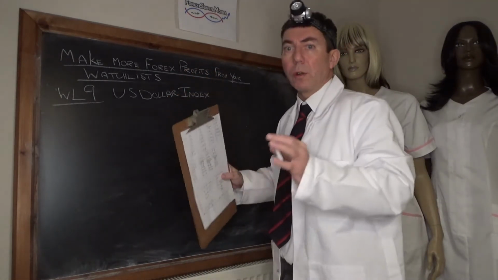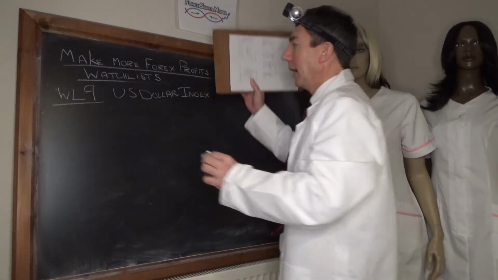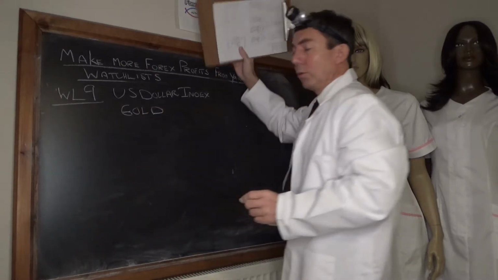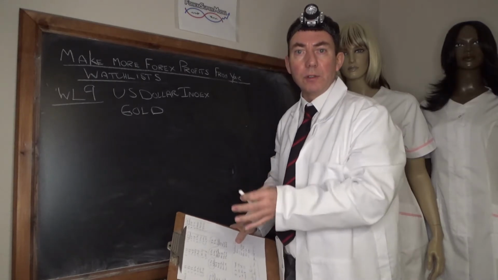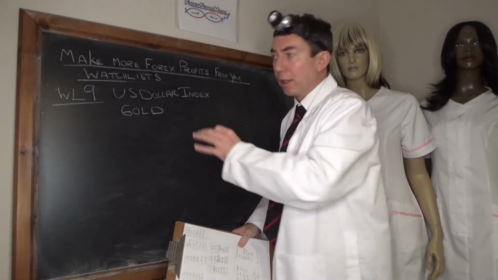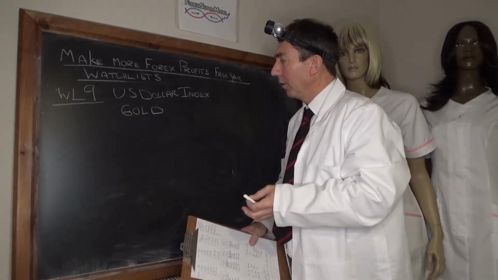There's quite often quite a strong link between dollar strength or weakness and gold. So gold's always a nice one to stick in there. People love trading gold. They love using it as a safe haven, and they love messing about with gold generally. Traders are very keen on that.